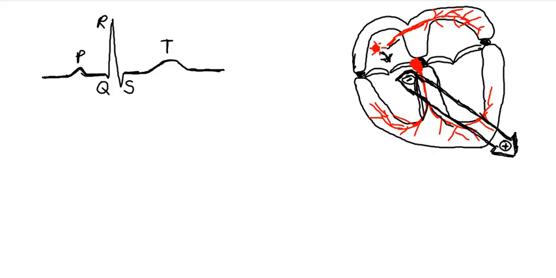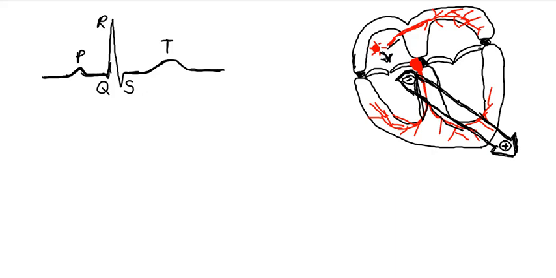But here is the technicality: the interventricular septum is depolarized in this direction, upwards and rightwards, which is a direction opposite to the cardiac vector, and so it will produce a negative deflection and thus a negative wave on the ECG.